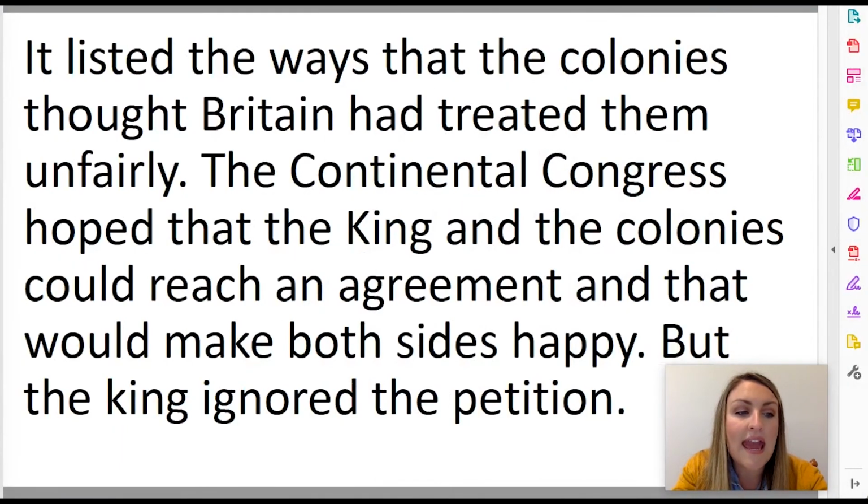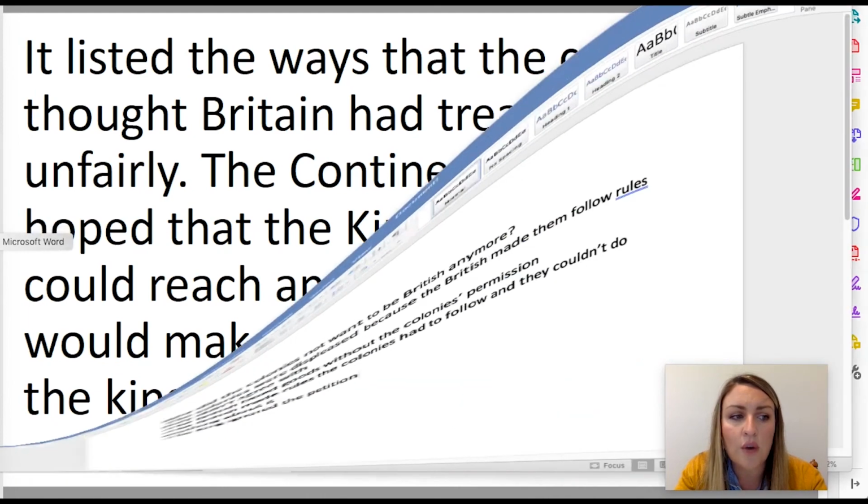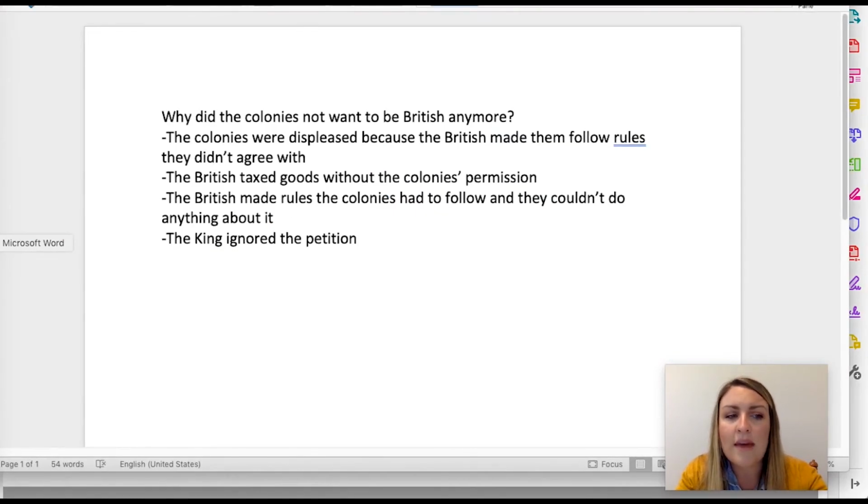So today we are going to determine why the colonies wanted to leave Britain and didn't want to be British anymore. So let's go back to where we've written all of our notes, and we're going to think about some of these things that meant that they wanted to no longer be British.